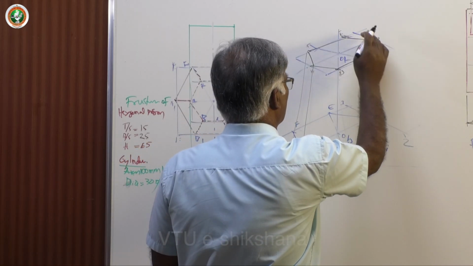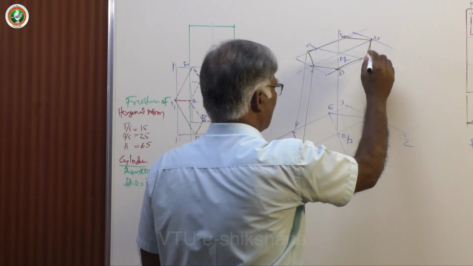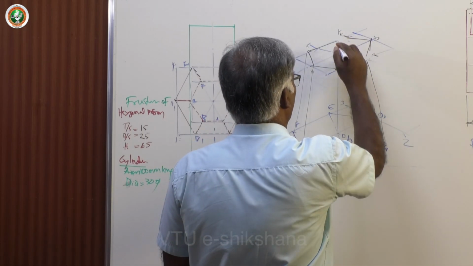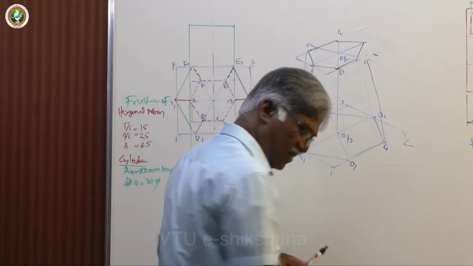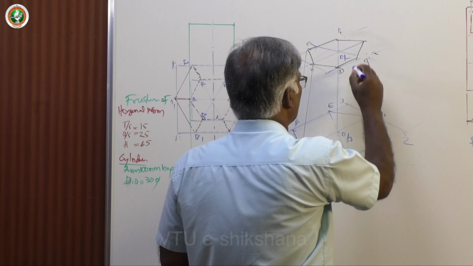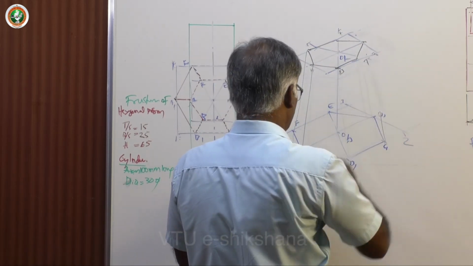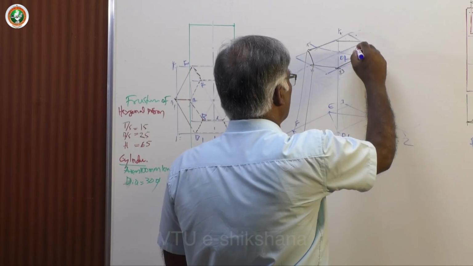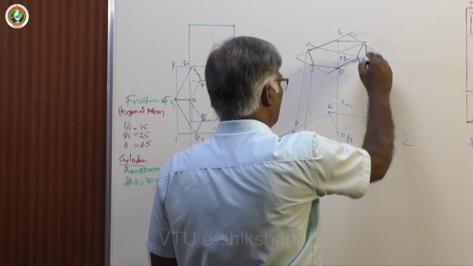Actually, this D1 will be there, and this is a little bigger. So I will try to solve this. Now the modified one is this. This is DD1. This is BB1. Accordingly, you get. This is rough work.